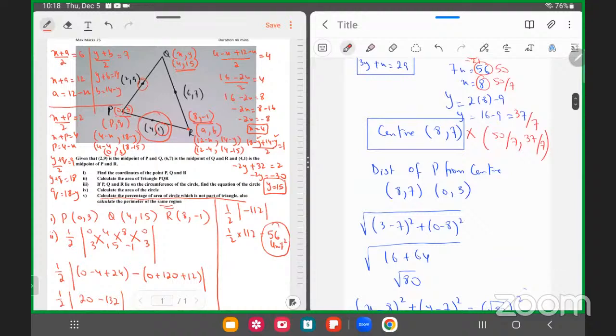And hence, this will also be 50 upon 7 and 37 upon 7 and 8 comma 7.